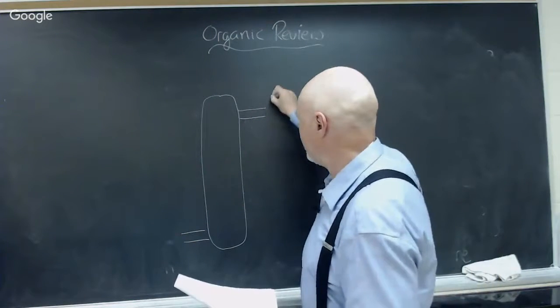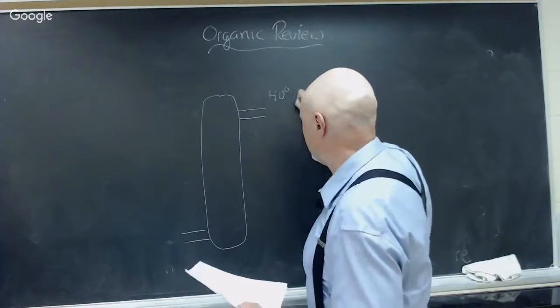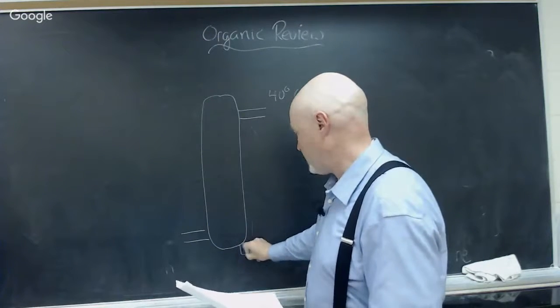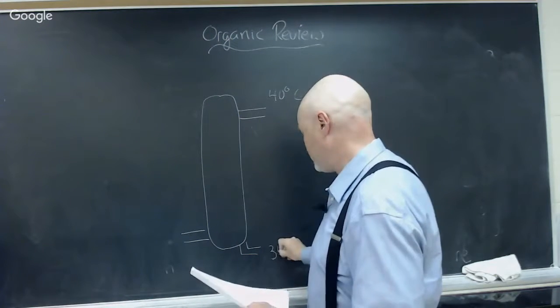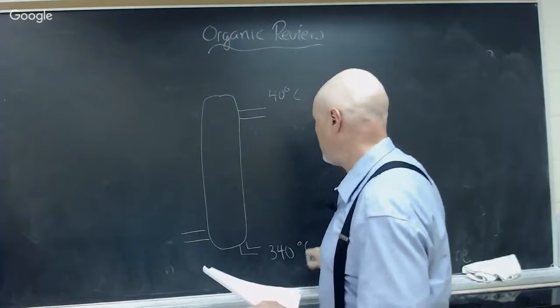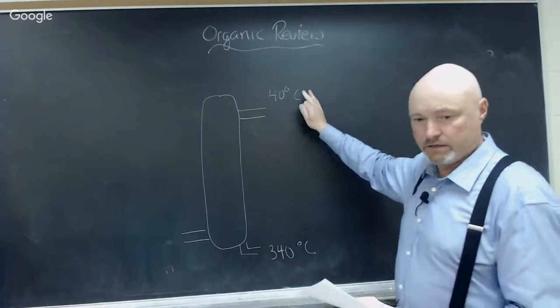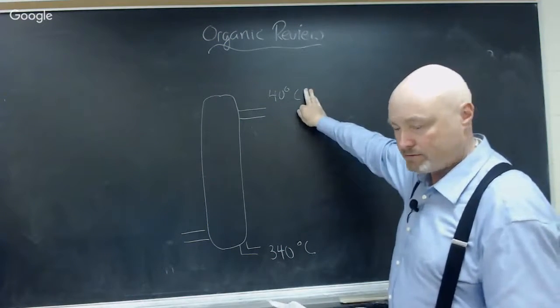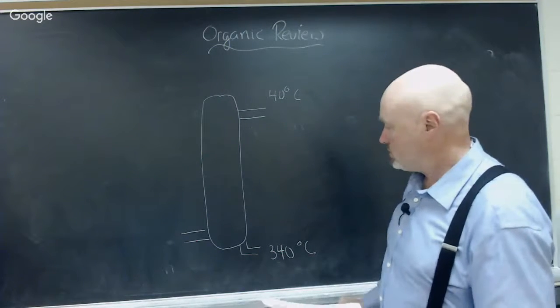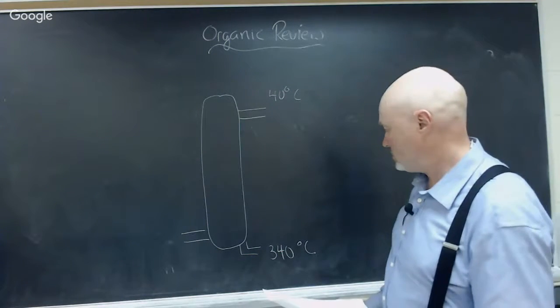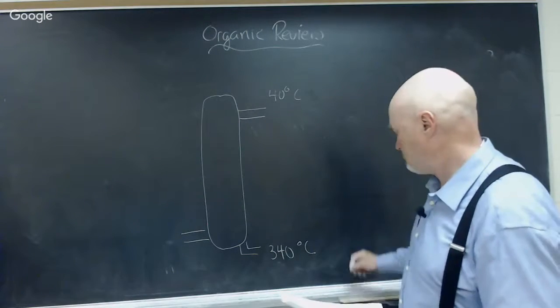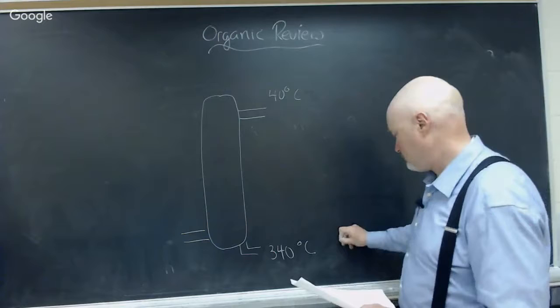So how do the chain lengths compare top to bottom? We're taking off pretty hot stuff down here, and we're taking off not very hot stuff up at the top. So is it the bigger the chain length, the higher the boiling point?